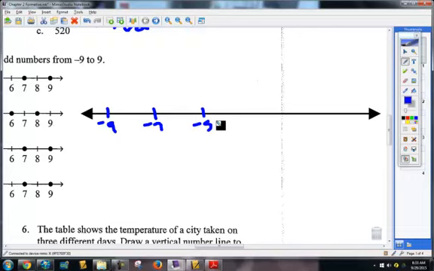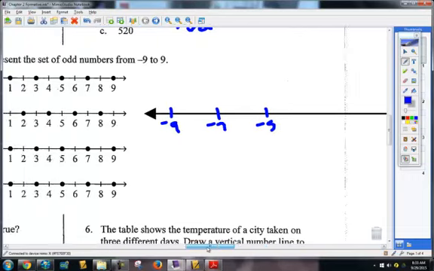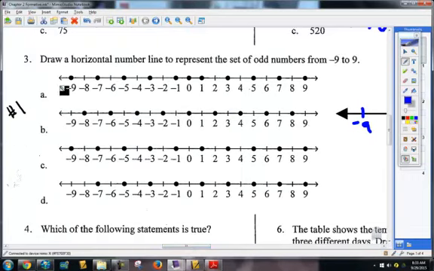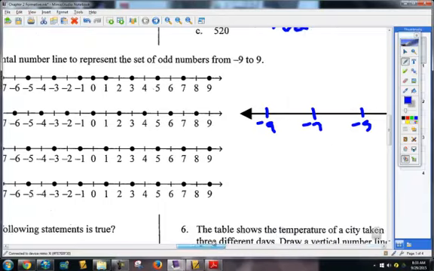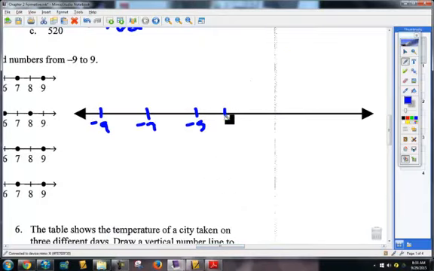Isn't that how we would have done it? Yeah. Now, what they did was the exact same thing. They put all the numbers, but they put dots on the ones that we actually want represented. Okay? So if we were to finish out our number line, it would look like this. -3, I better make this a little smaller. -1, 1, 3, 5, 7, and 9. Isn't that what ours would look like if we drew it?